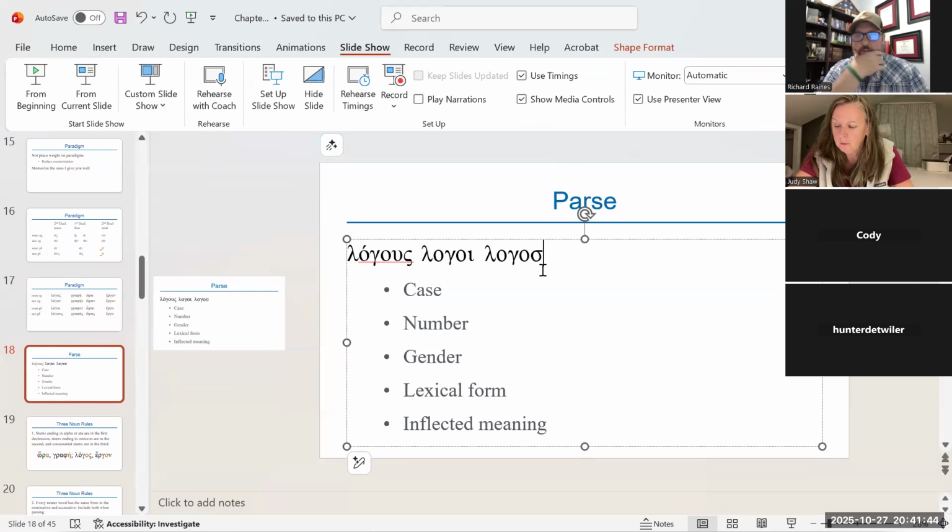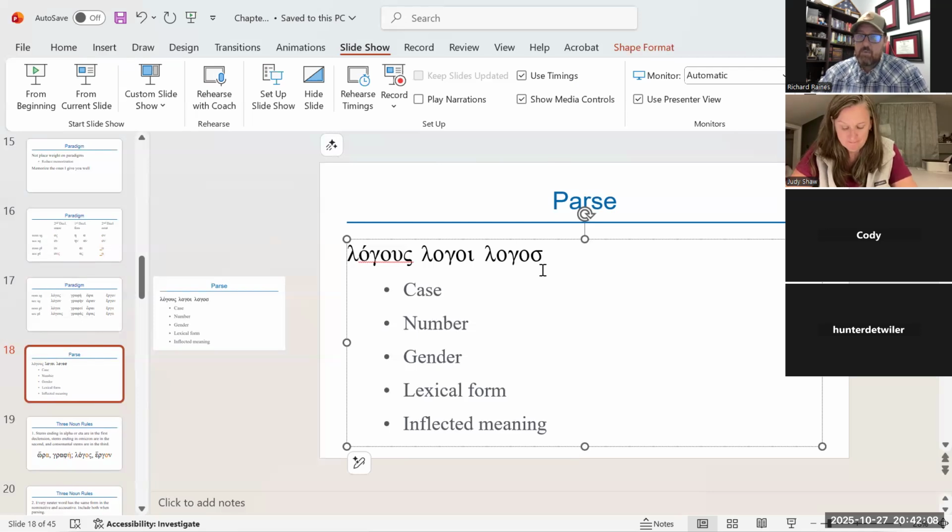So if you see the correct sigma there, according to this chart, what have I just made? A nominative singular masculine. That's exactly right. Nominative singular, masculine, from logos, because that's a lexical form. The lexical form just happens to be the word I've asked you to parse.